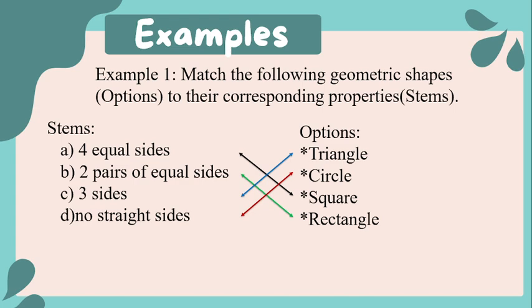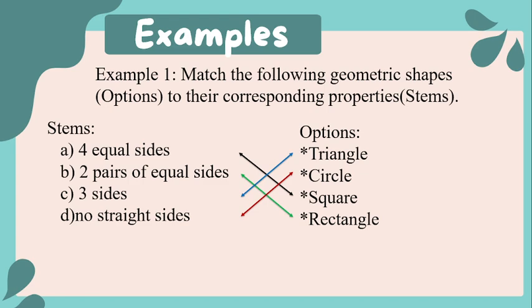So notice here that we have 4 stems, A to D, and we have also 4 options, which balance the number of stems. So we are going to match the stems and the options.